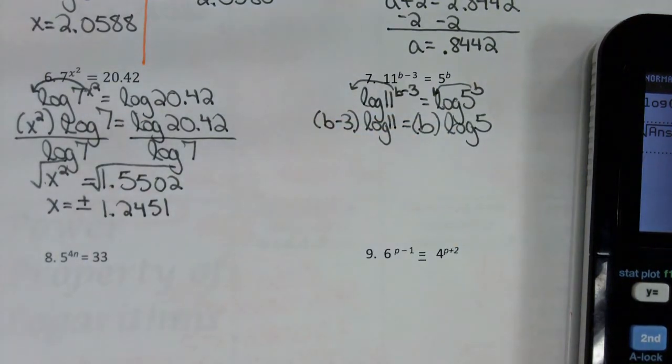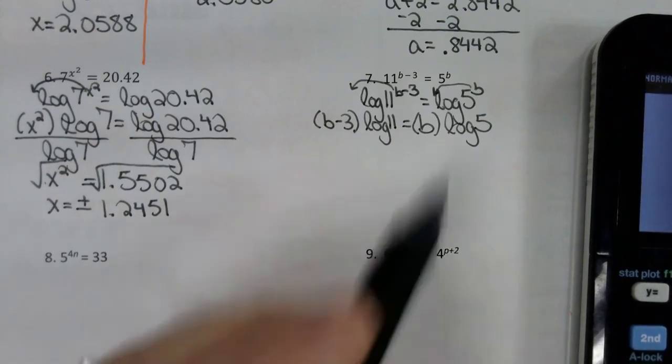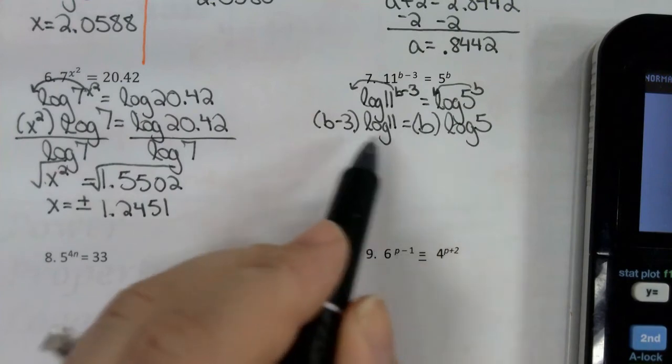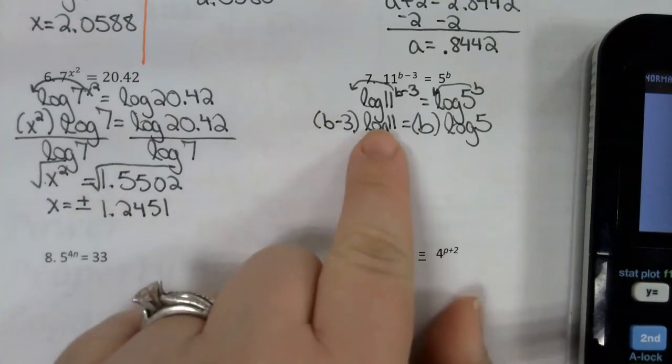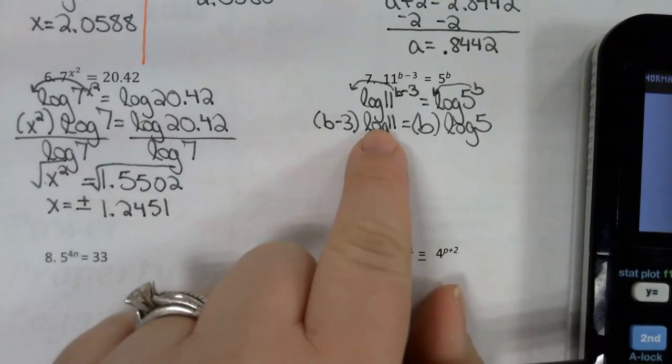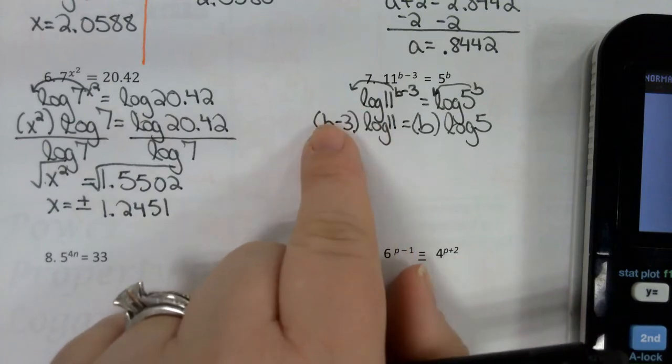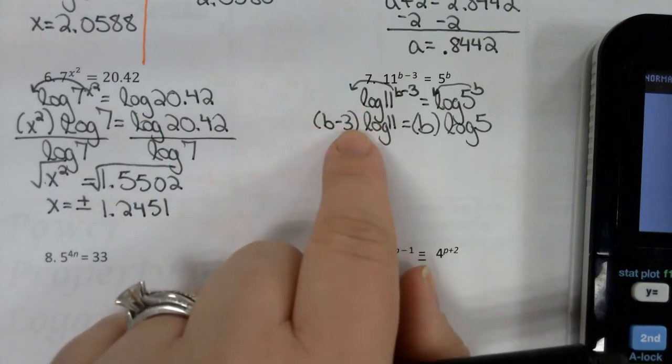So here's where I was talking about it could go either way. It could be representative of both skills. If I were to divide both sides by log of 5, then I would have my long nasty decimal right here, and I would need to distribute to both the b and to the 3, which sounds pretty awful, and I really want to avoid that at all costs.